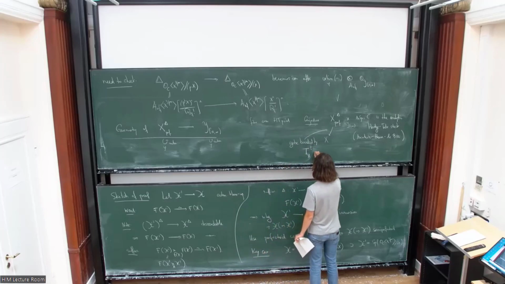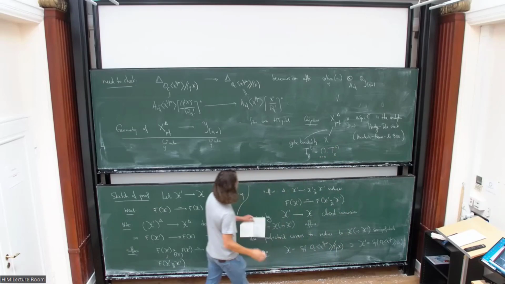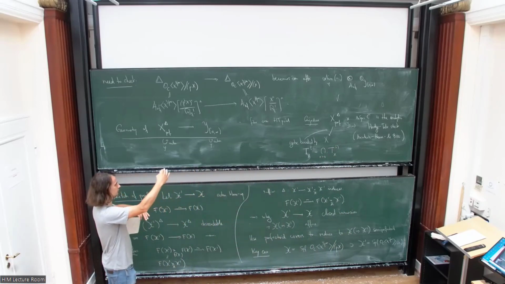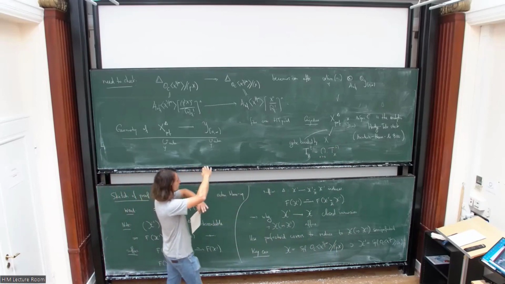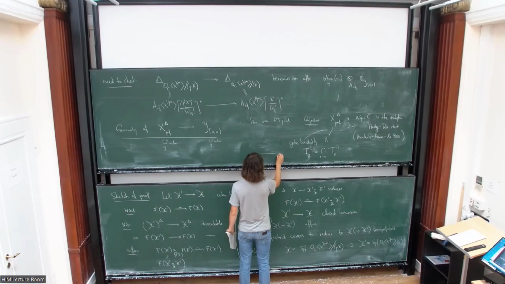It's the intersection over all r bigger than 0 of, inside the tangent bundle, you can fix some norm, and if you fix the norm, then you have all the balls of varying radius, and then you have the 0 section inside your tangent bundle.